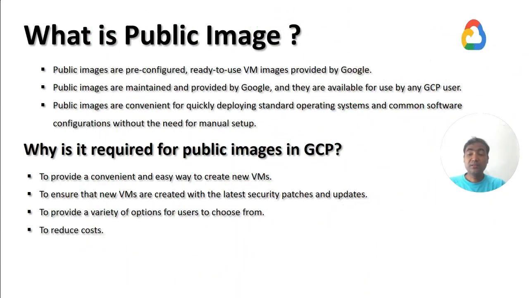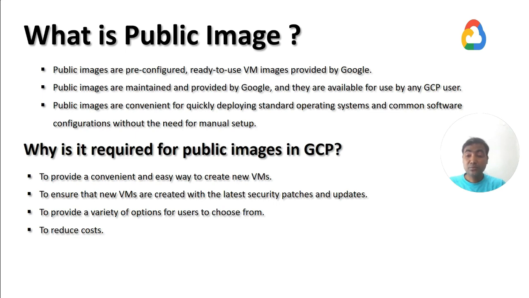To ensure that the new VMs are created with the latest security patches and updates, public images are maintained by Google and other trusted sources, so users can be confident that they are using the latest and most secure images.